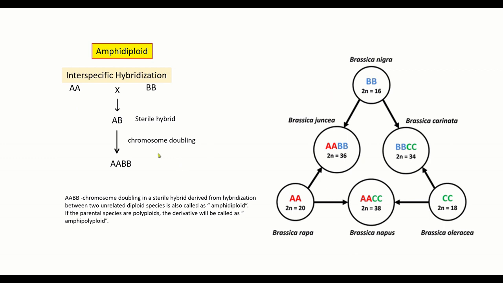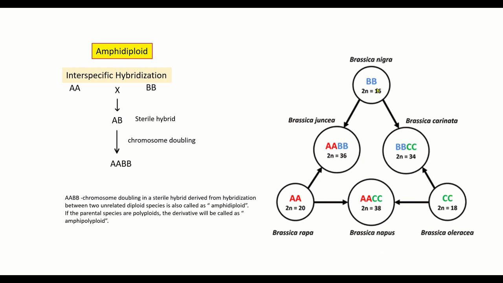Talking about amphidiploids, one of the most important examples is the Brassica U triangle, or Nagaharu U triangle, which shows the formation of amphidiploids AABB, BBCC and AACC with their parents.